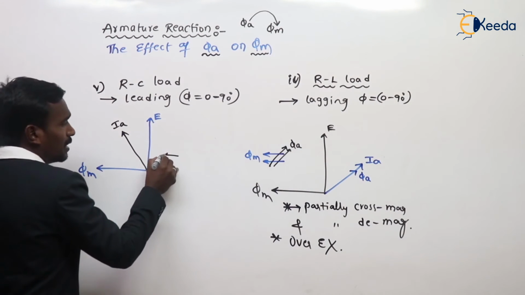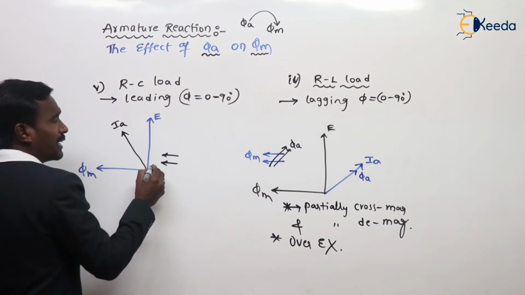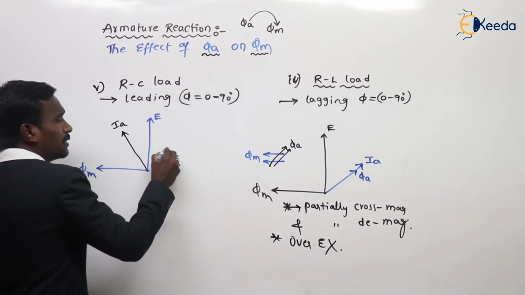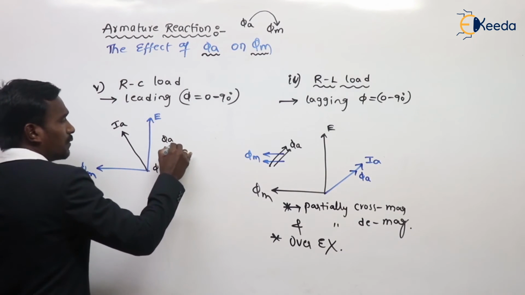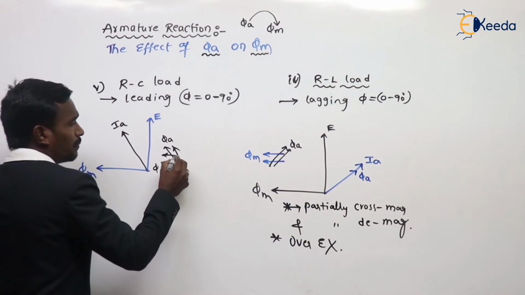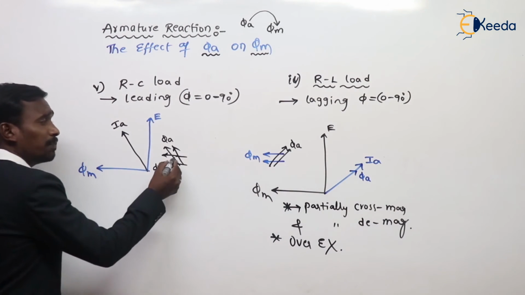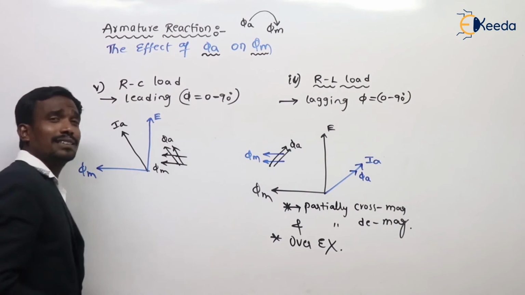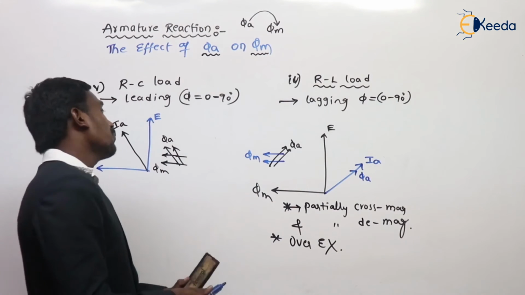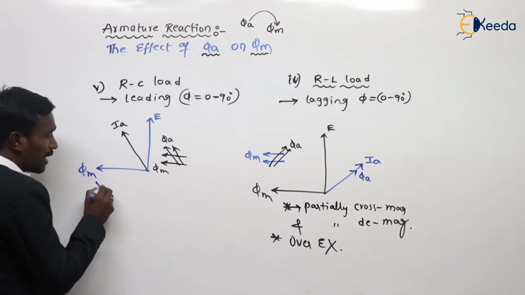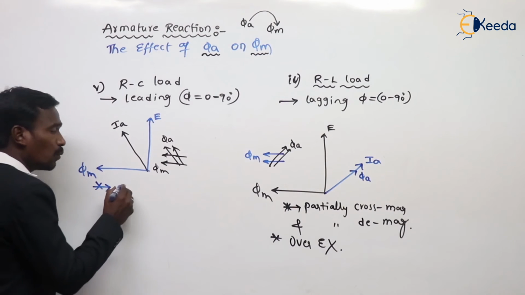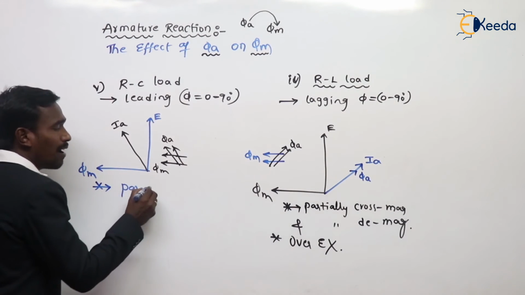Again here, this is my main field flux direction, and this is my armature flux direction. Some part is crossing, some part is adding. Now tell me, what is the effect of armature reaction here? Very good.